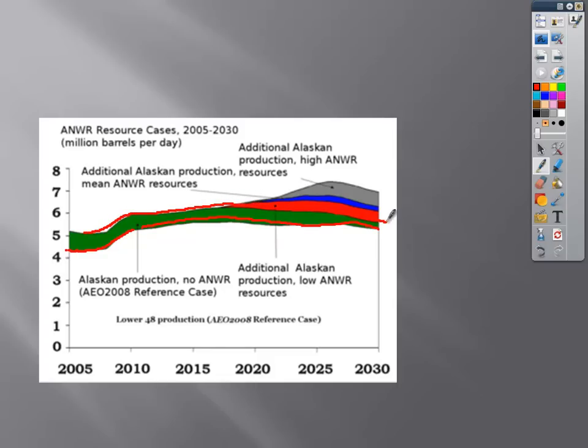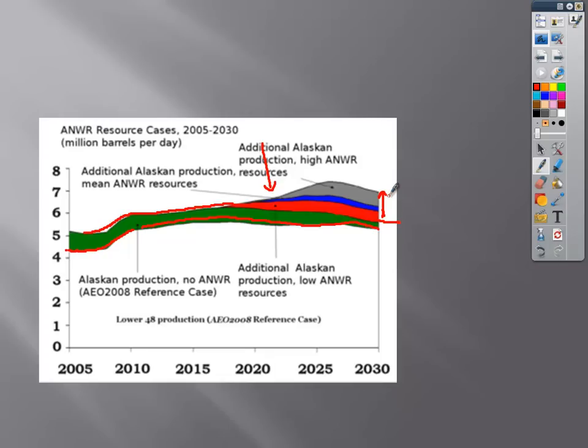And if you notice as you go across, starting a little bit later over in this area, it starts to go down because they know the production of oil in the United States is going to be going down. But if you include ANWR in the highest predictions of how much oil might be underground there, you can add that much more oil to our total amount.